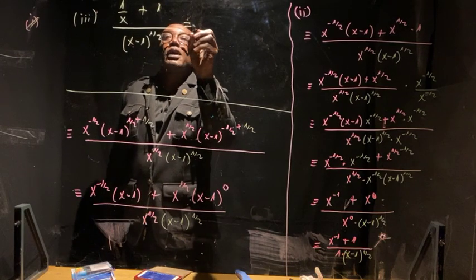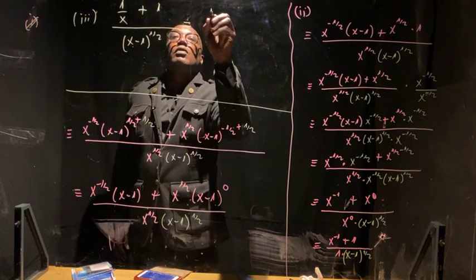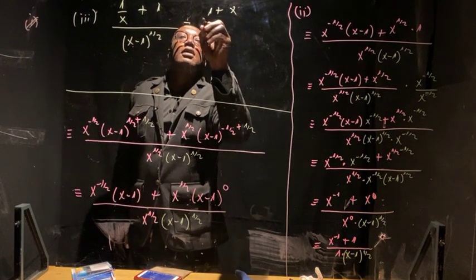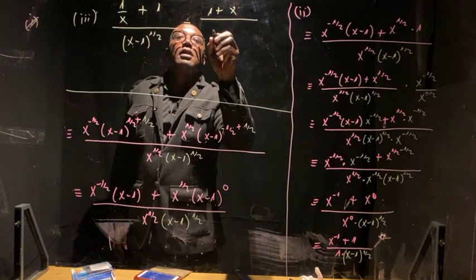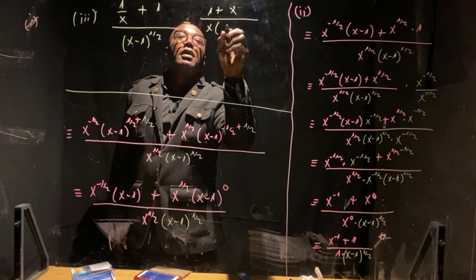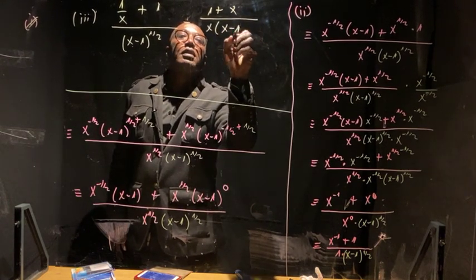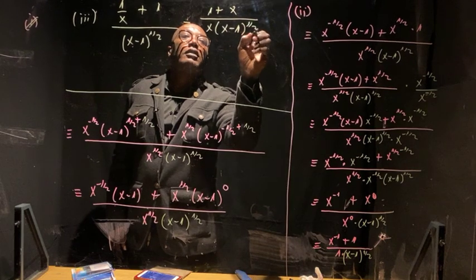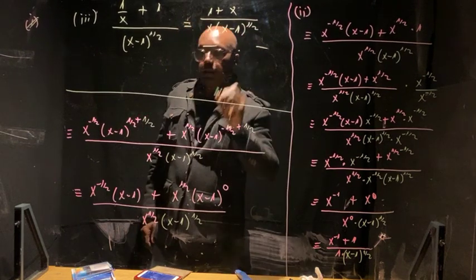You cross multiply, so it becomes 1 plus x over x minus 1 raised to the power half. This should be the answer.